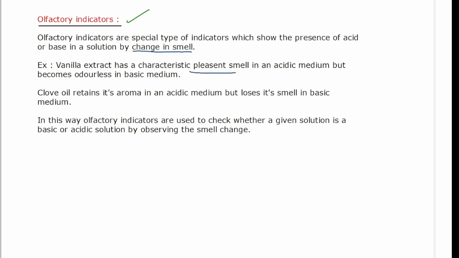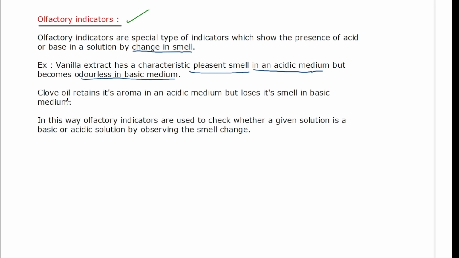Vanilla extract is a kind of olfactory indicator. It has a very pleasant smell. You might have felt that. Yes, and it retains its pleasant smell in an acidic medium. But it becomes odorless in basic medium. This is how vanilla extract can be used to indicate the presence of acid or base by change in its smell.